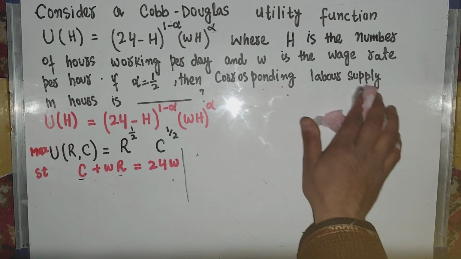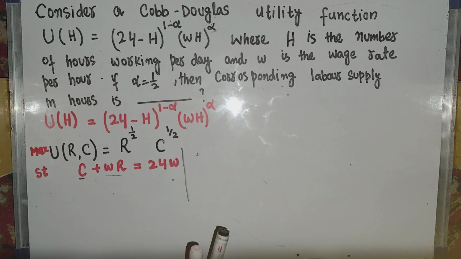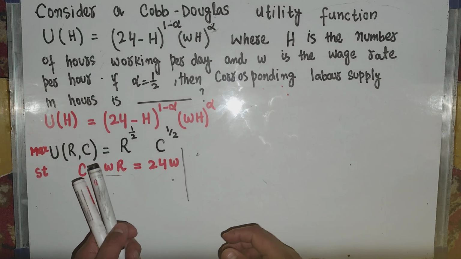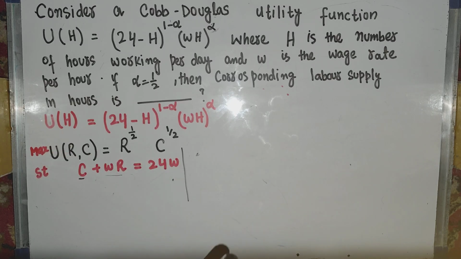Now the consumer's endeavor is to maximize this utility subject to this budget constraint. So let us use the Lagrange's multiplier method to find the optimal combination of leisure and consumption.